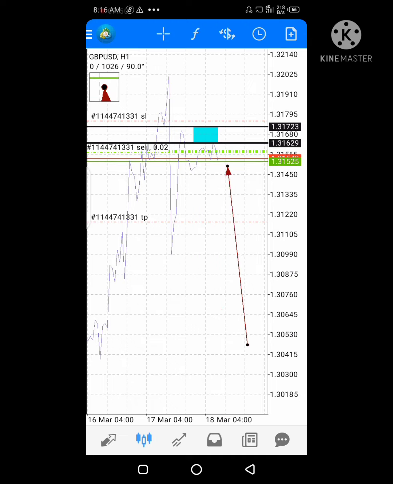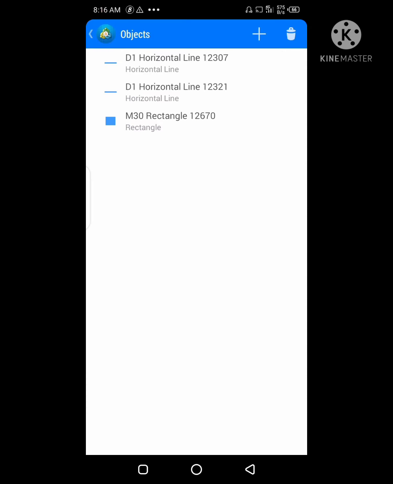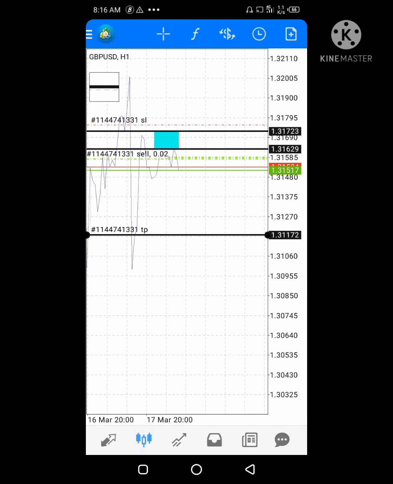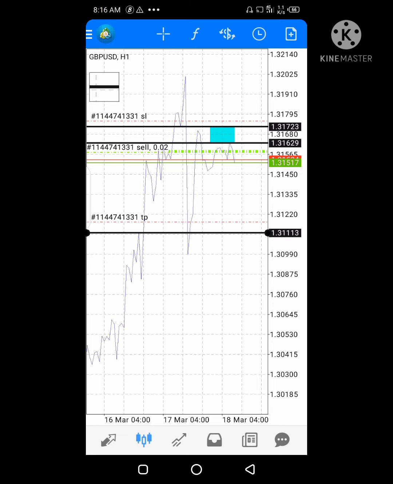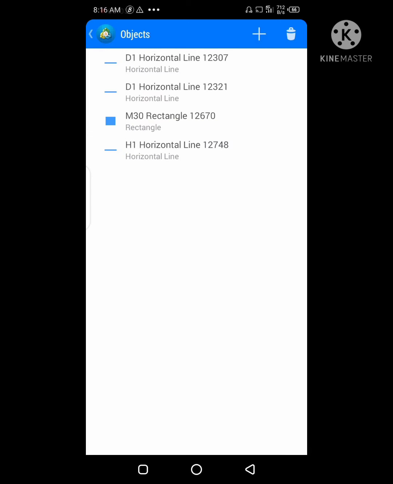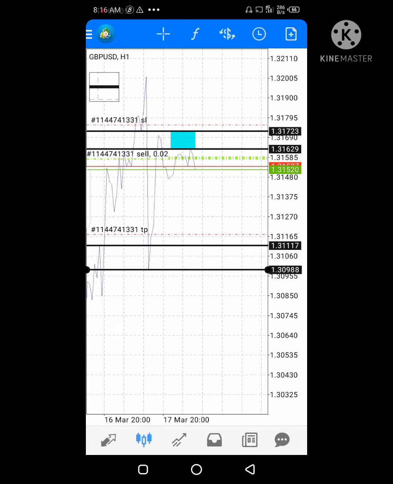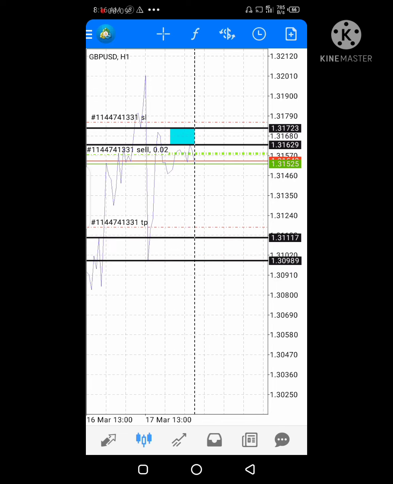So we're expecting price to push down to here, and when it gets to this, let me mark the area. So here was the previous support, and here is the current resistance. You can see what I'm explaining.